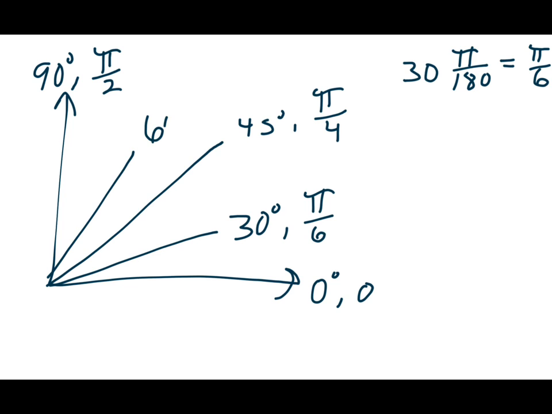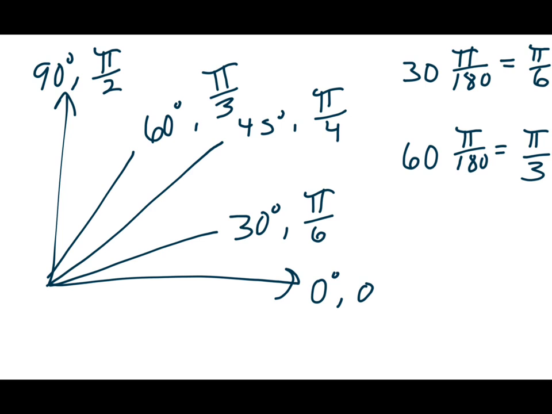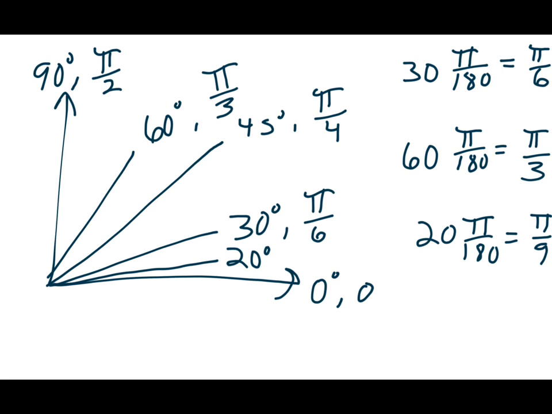Let's look at 60 degrees. This will be 60 times pi over 180, which simplifies to pi over 3. So 60 degrees is pi over 3. Okay, let's look at 20 degrees. It's down here. That's 20 times pi over 180, which gives you pi over 9.